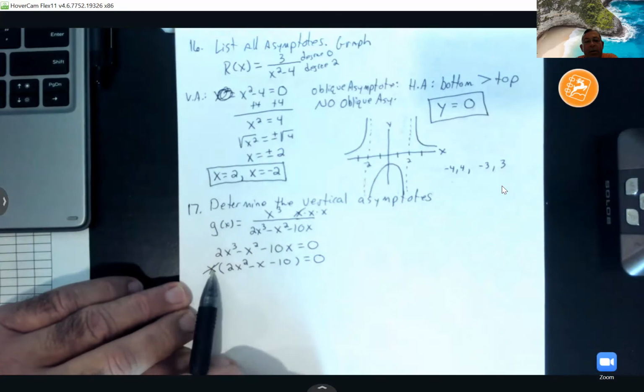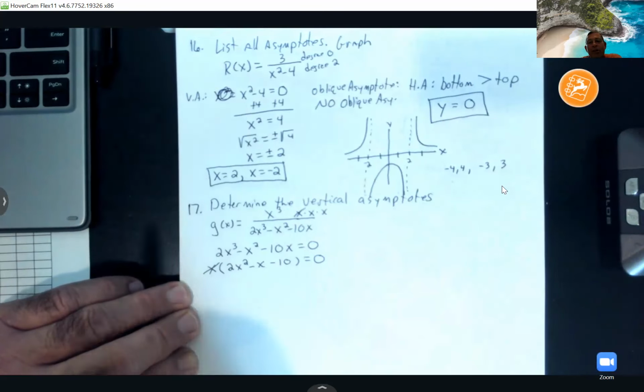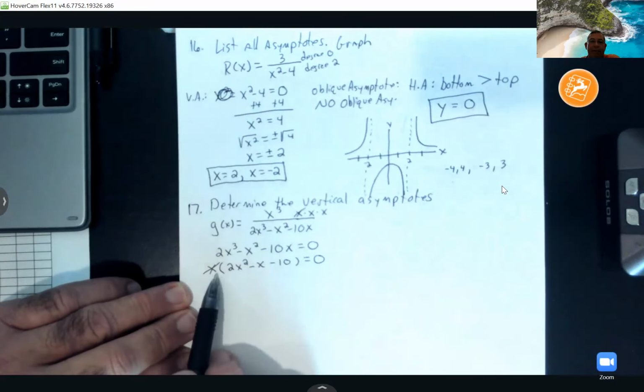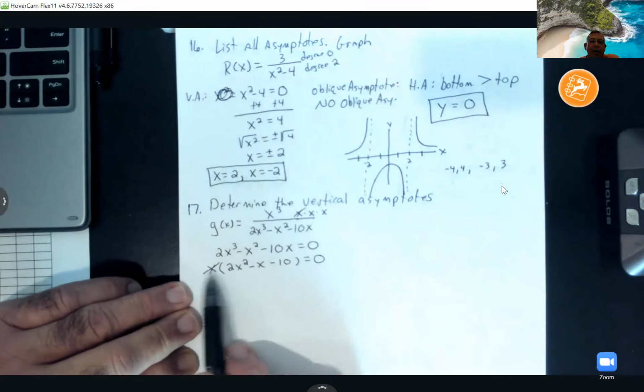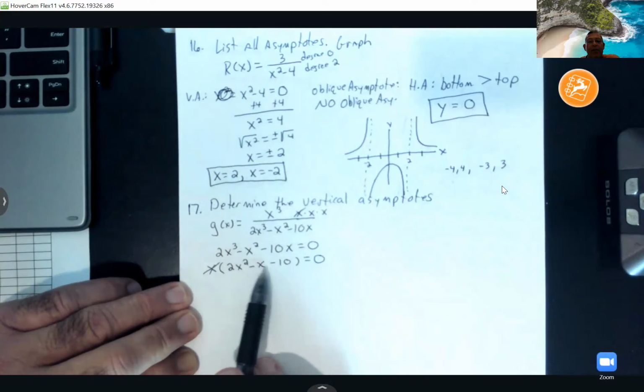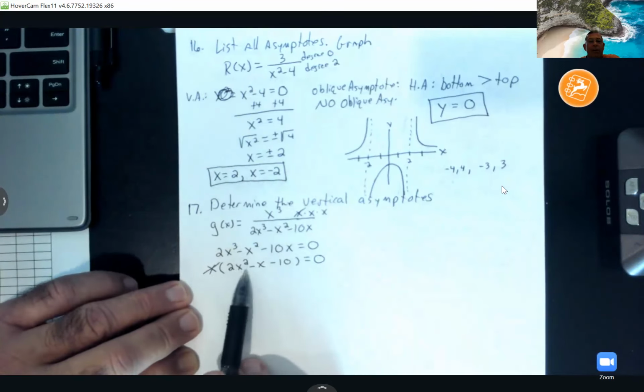So that means it will not give me a vertical asymptote. What it would do, it would make a hole in the graph at that point, okay? So that one's gone. So what we got to figure out is these two asymptotes that we're getting from what's left.